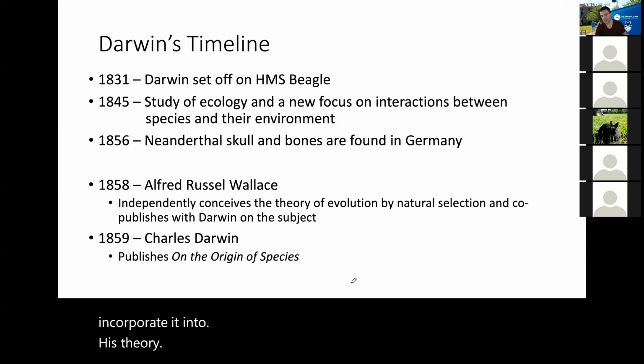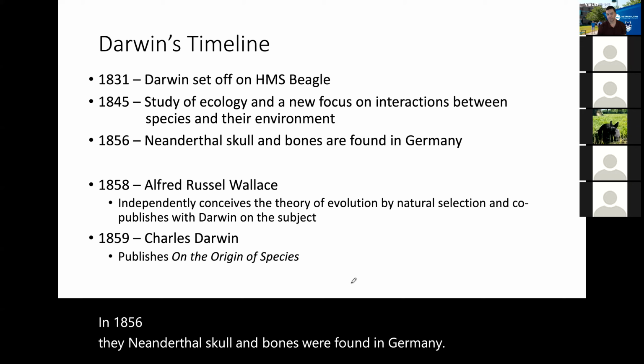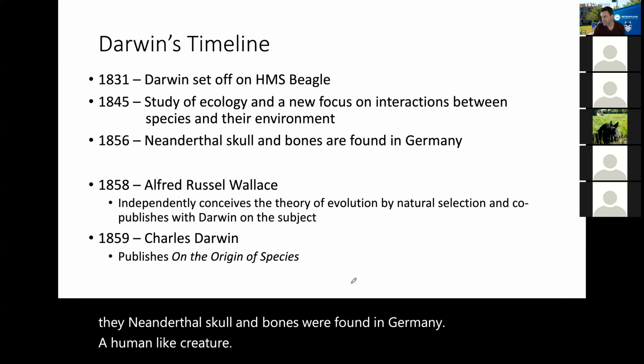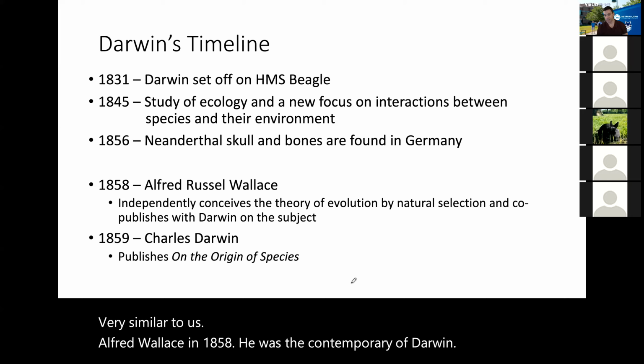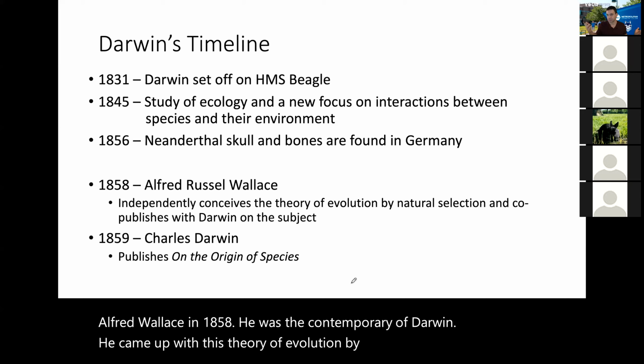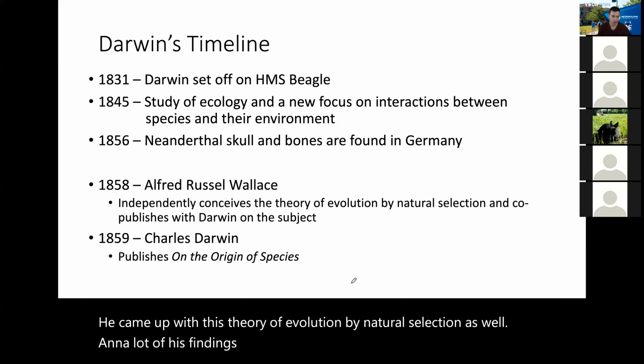In 1856, the Neanderthal skull and bones were found in Germany. A human-like creature, very similar to us. Alfred Wallace in 1858, he was the contemporary of Darwin. He came up with this theory of evolution by natural selection as well. And a lot of his findings were very similar to Charles Darwin's.